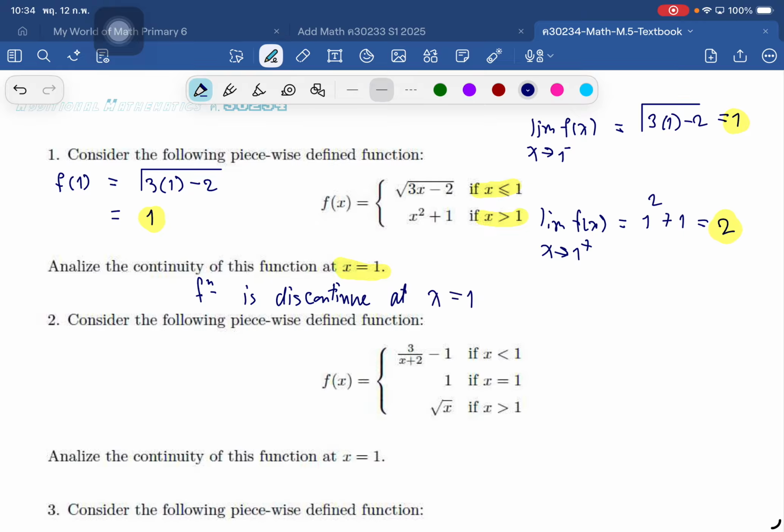That is not the same. It must be the same number, then we can say whether this is continuous or discontinuous. Number 4 is discontinuous. Good job. How about 5? Continuous or discontinuous?